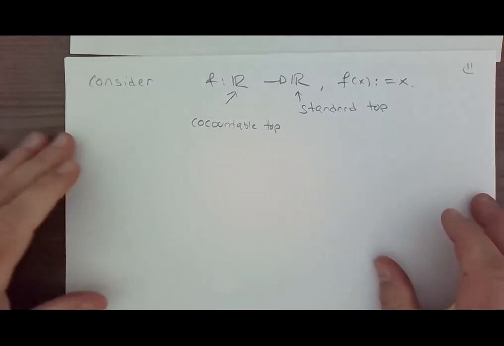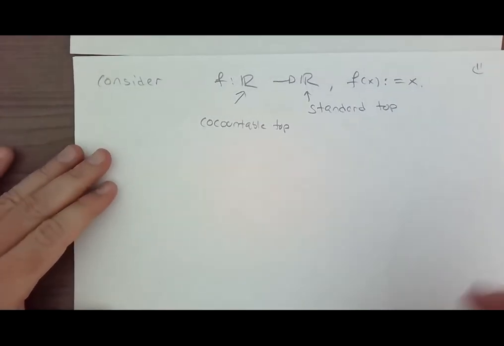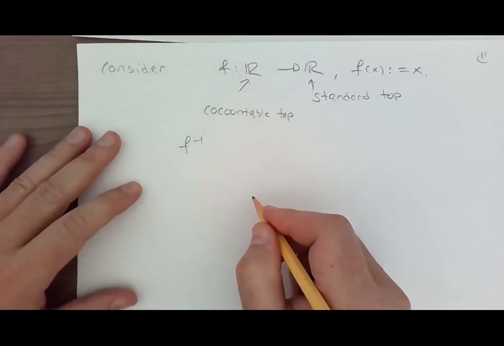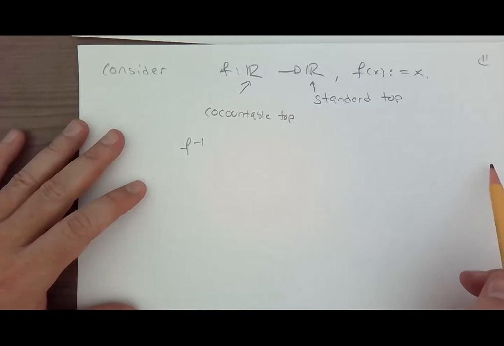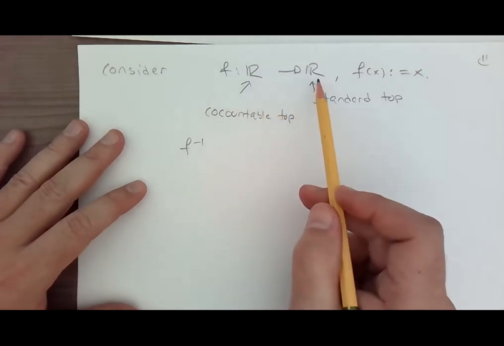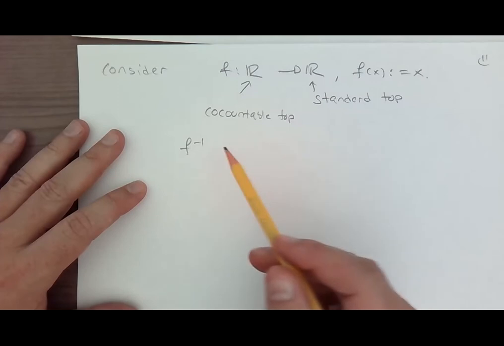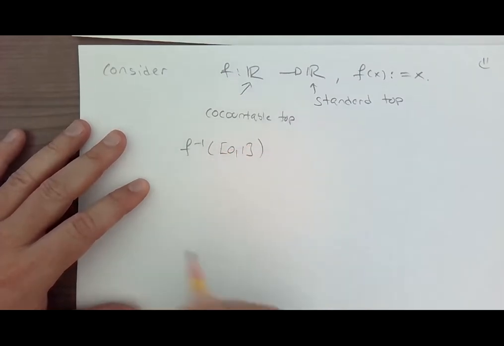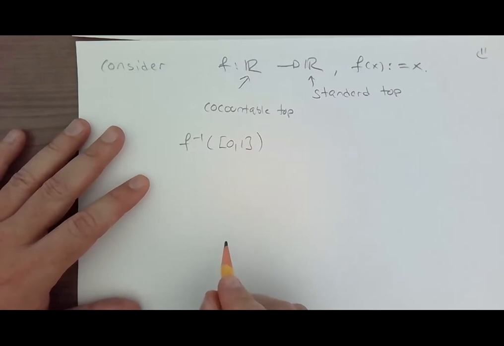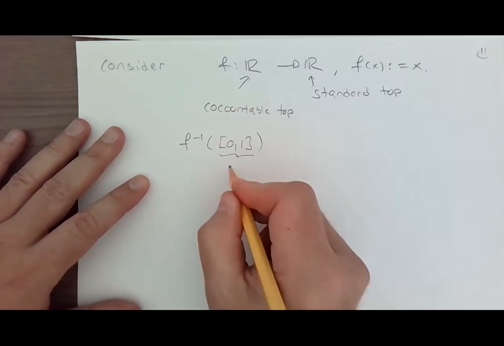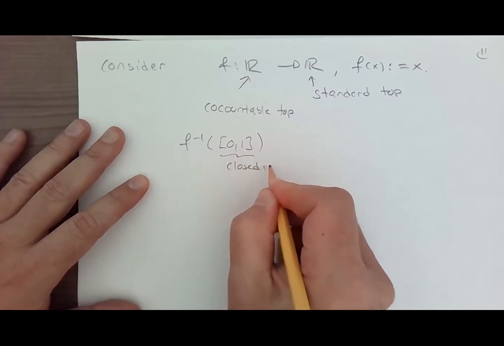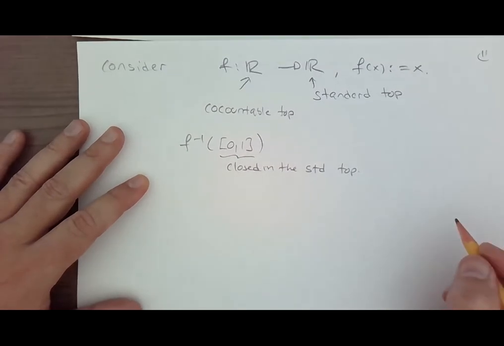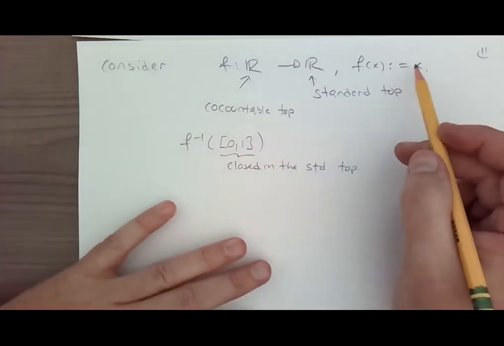That is not the case, because if I looked at f inverse, if it is to be continuous, I should be able to pull back open sets and get open sets. So if you looked at the inverse of the interval 0 to 1, this here is closed in the standard topology. And what kind of points would I get?